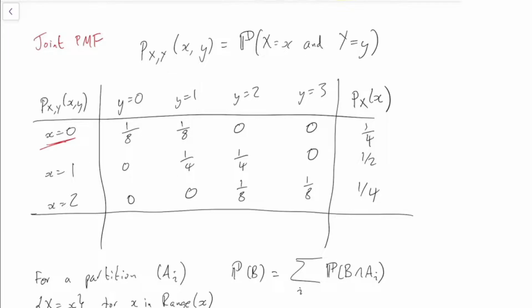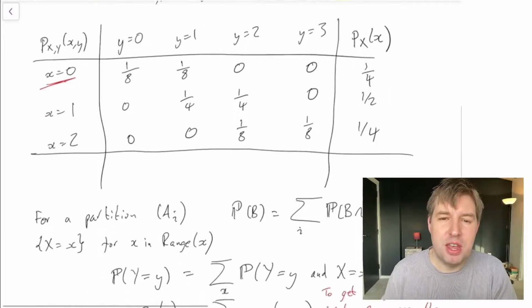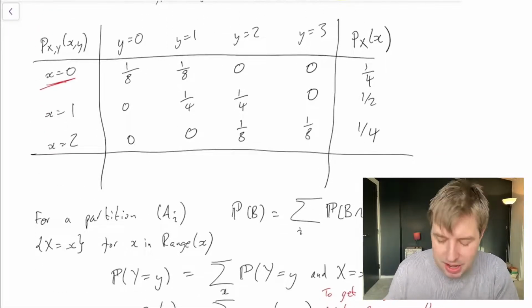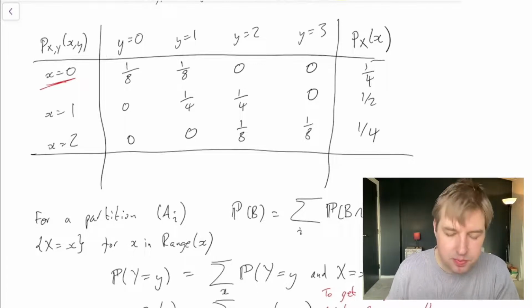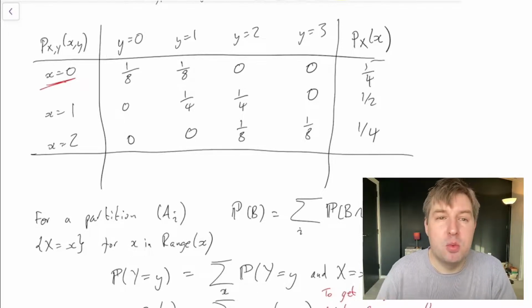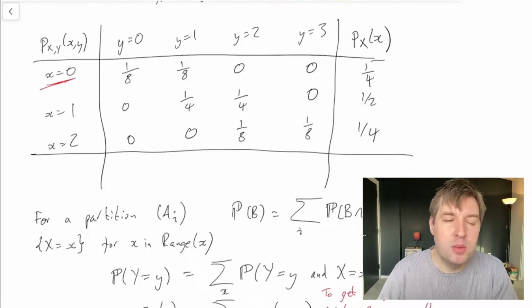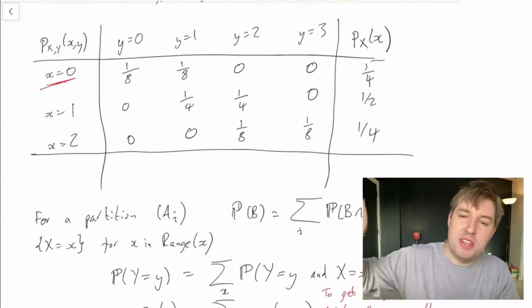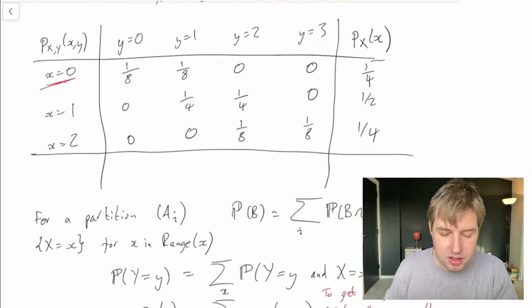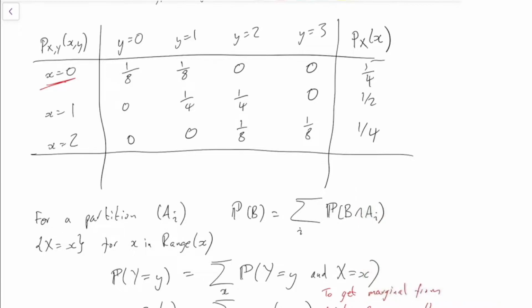That, incidentally, is why it's called the marginal distribution, because we end up writing it in the margin of the table, like this. Similarly, this works with X and Y swapped over. So to get the marginal distribution for Y, we have to sum over the values of X, which means summing down the columns of this table. So if we put p_Y of y here, summing down this column gives us an eighth.